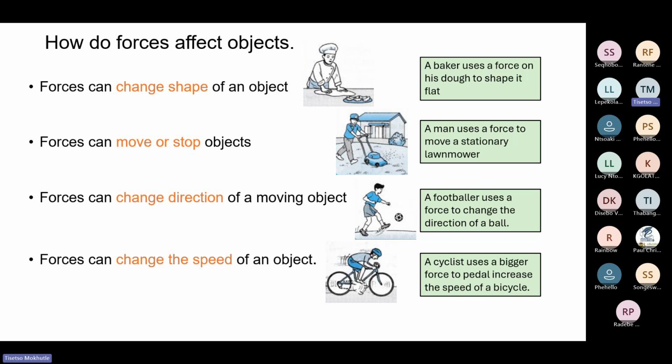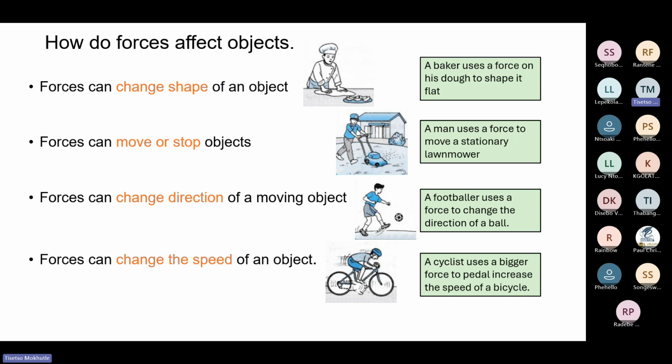An example of changing a shape is a baker who uses a force on his dough to shape it flat. And then in this case, we've got 2 types of applications of force. I mean, the effects of force here. It is the effect of moving an object and also the effect of stopping an object.